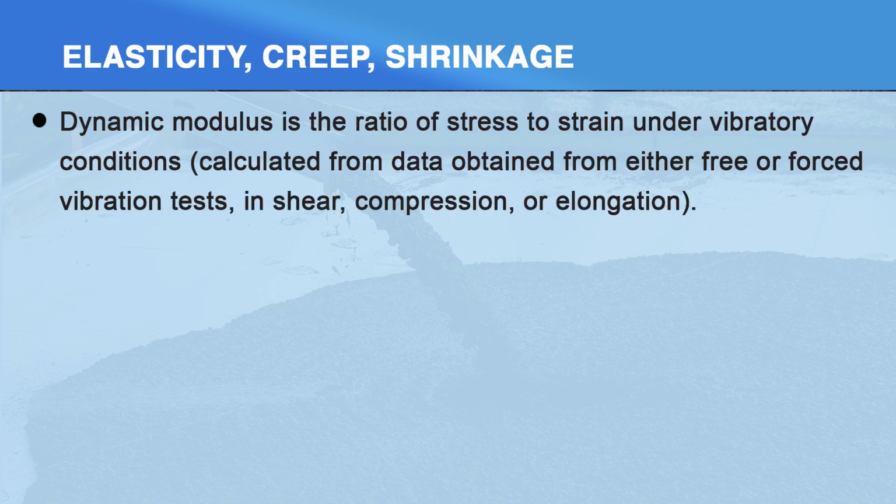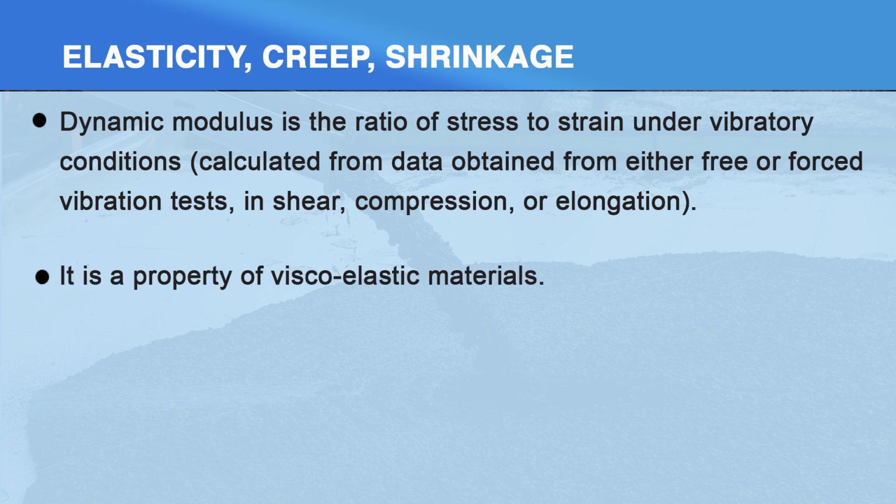Dynamic modulus is the ratio of stress to strain under vibratory conditions, calculated from data obtained from either free or forced vibration test in shear, compression or elongation. It is a property of viscoelastic materials.